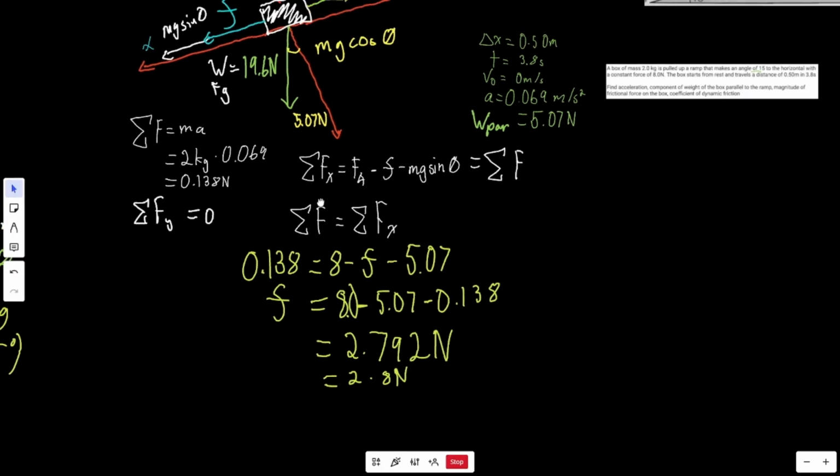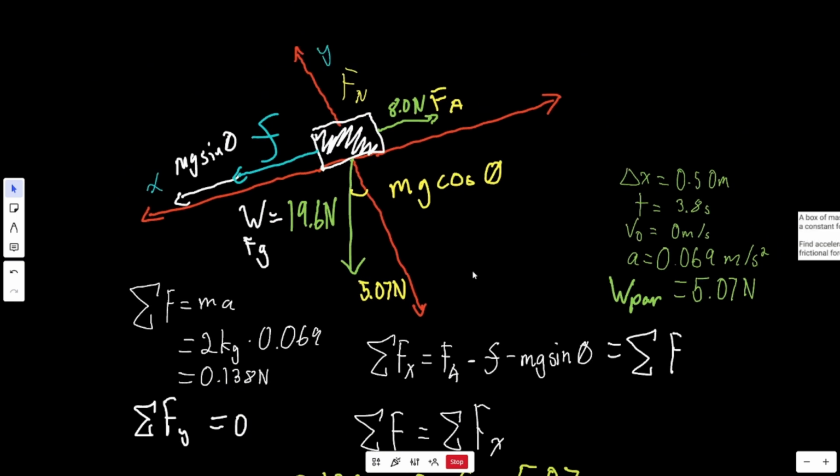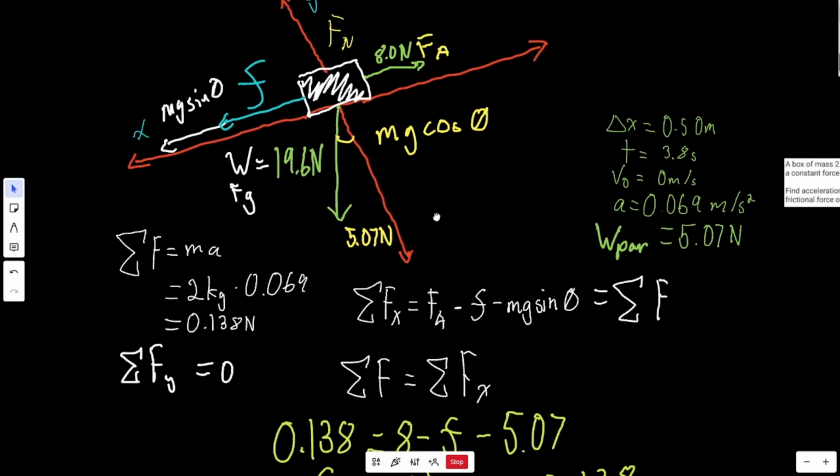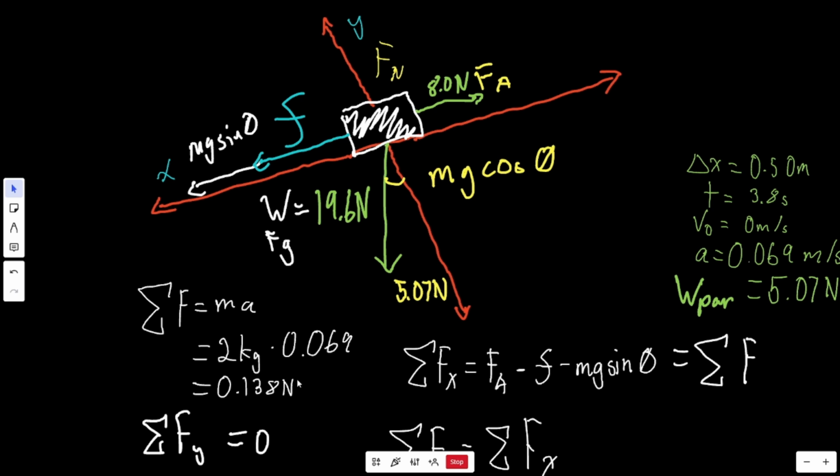So to recap, we analyzed the given problem and isolated which forces need to be added together. We started off by determining what the summation of forces should amount to, which is 0.138 newtons. From determining what it's supposed to end up as, it's a lot easier to find what's missing. So we started off with the y-axis, which is the normal force and the mg cosine theta.